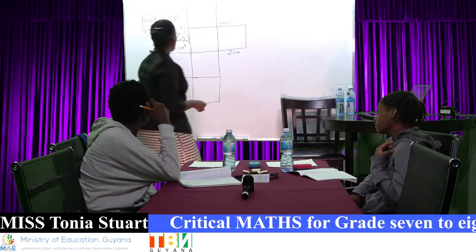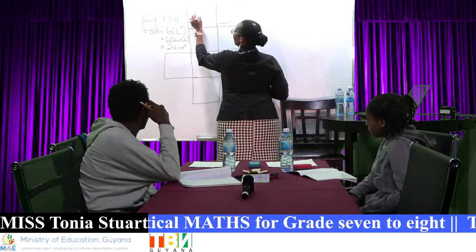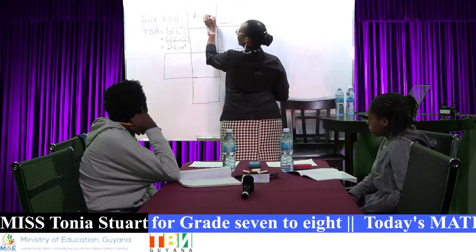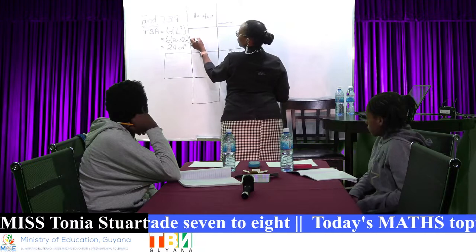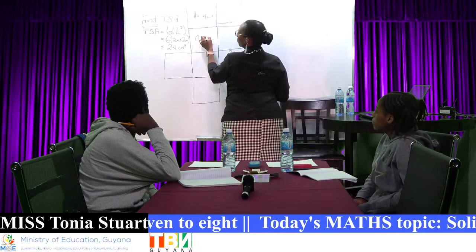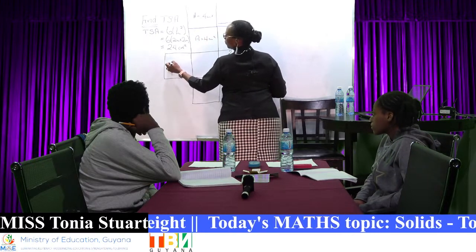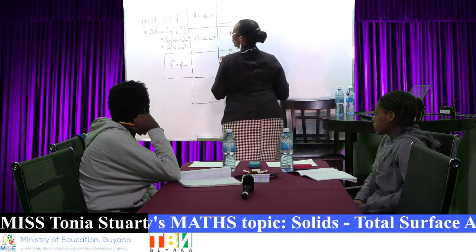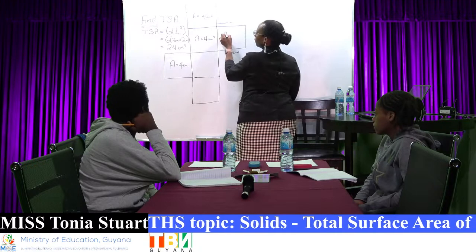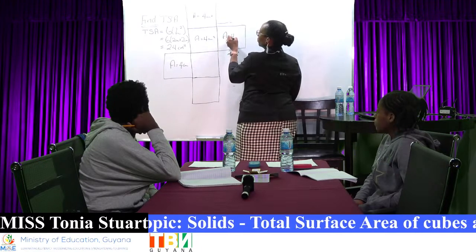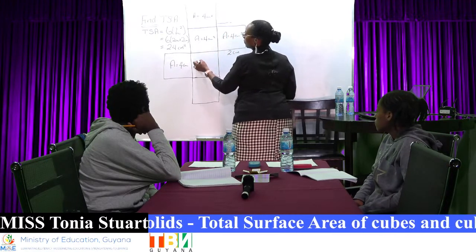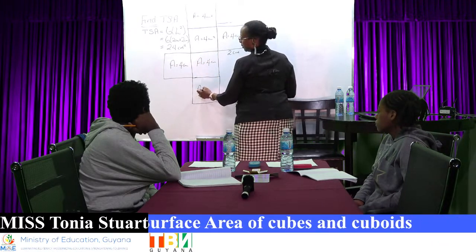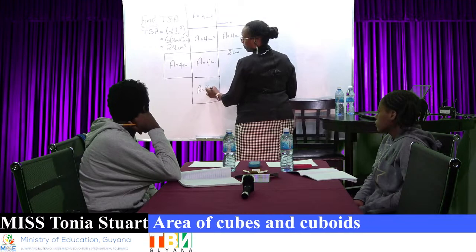Because we know area 1 is equal to 2 by 2 is 4. Area 2, 4. Area 3, 4. Doesn't matter which one I call 2 or 3. Area 4, 4. 5, 4. 6, 4.